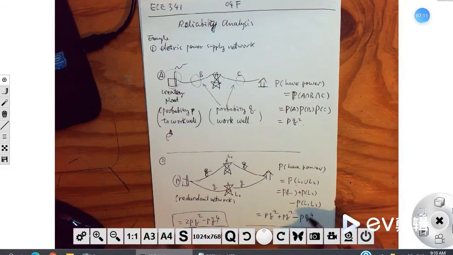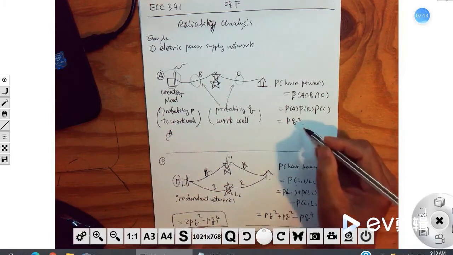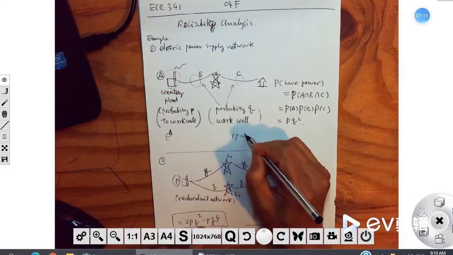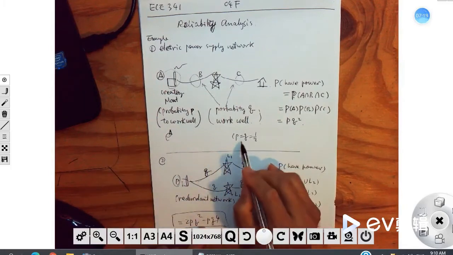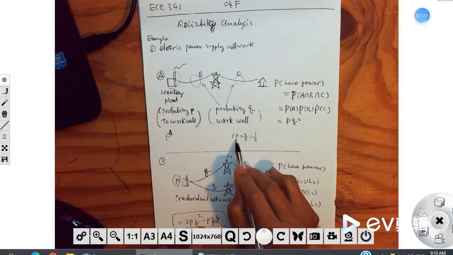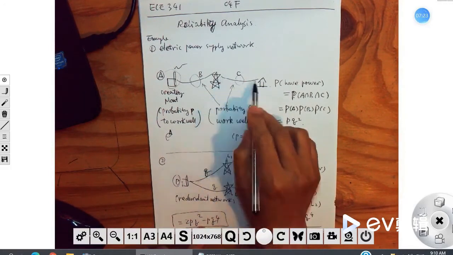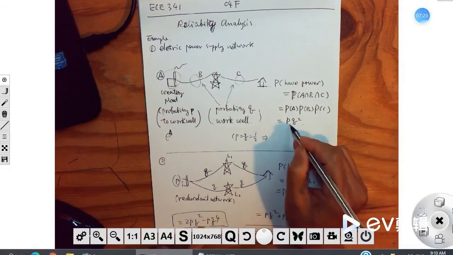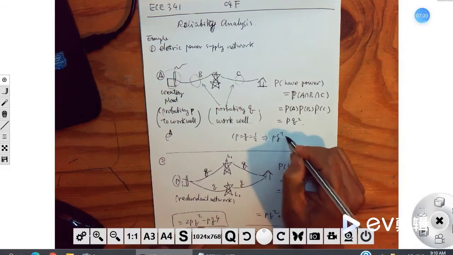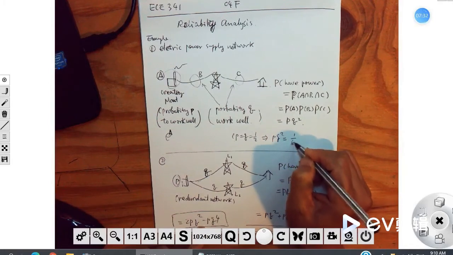We can try the values to see which is larger. Suppose P equals Q equals 1/2. This is just an example; usually it should be a number close to 1, since most of the time it works well. Then PQ squared will be 1/8.